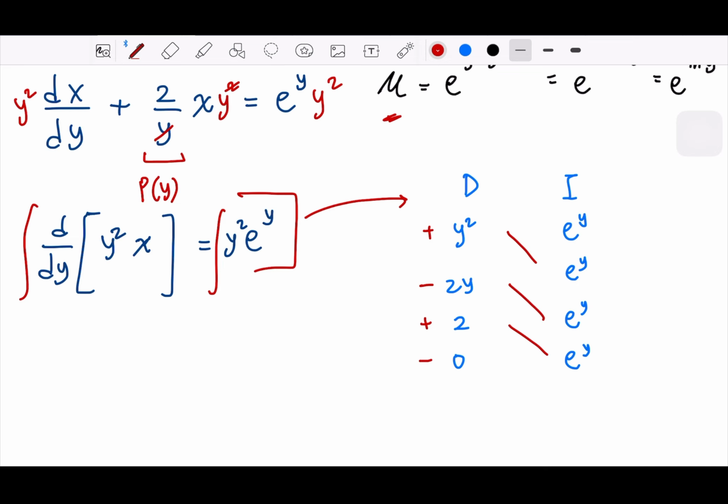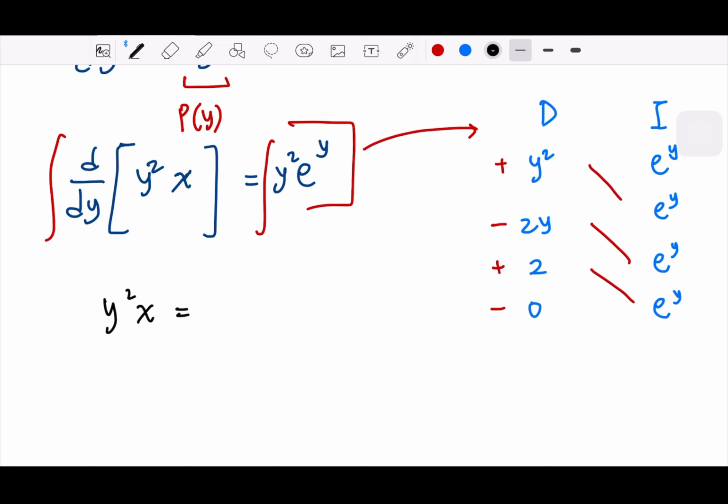So we are going to have in the answer, a little bit of review of your calculus, y squared e to the y, minus 2y e to the y, plus 2 e to the y, plus a constant.